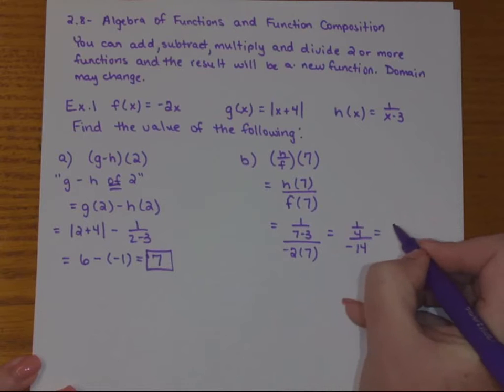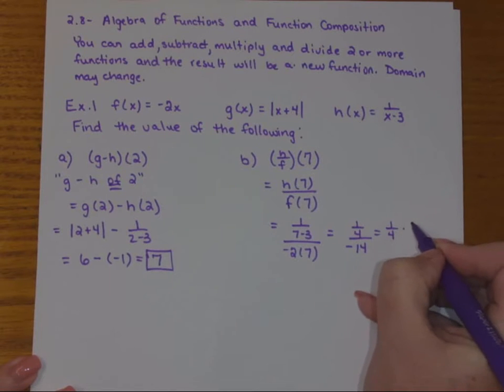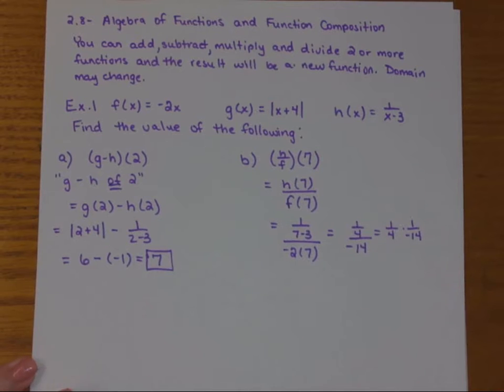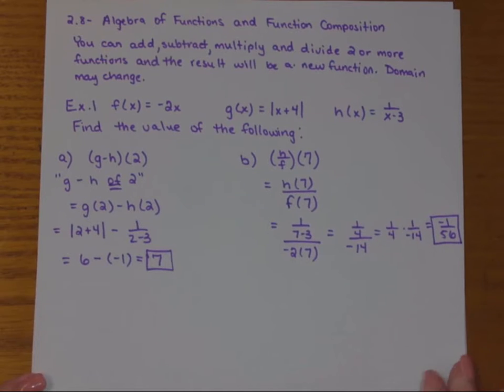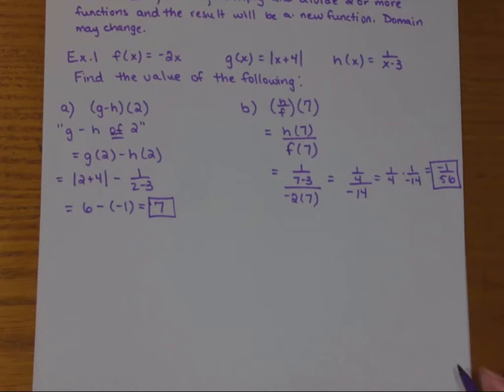Okay, when you have a fraction within a fraction, just remember that this is really the same as 1/4 times 1 over negative 14, but at any rate, you get negative 1 over 56. Okay, notice I moved the negative sign to the top. You don't have to do that, but the negative sign can go on the bottom or the top. It just means the fraction is negative.